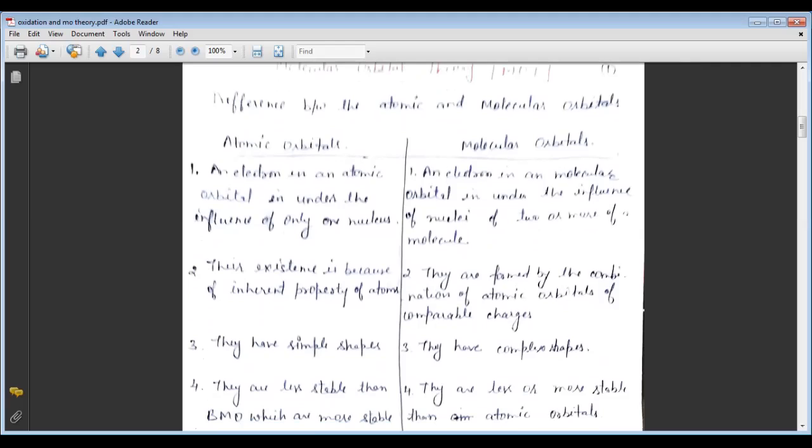First of all, we should know some points. What is the molecular orbital theory? The molecular orbital theory considers the entire molecule as a unit with all the electrons moving under the influence of all the nuclei present in the molecule.